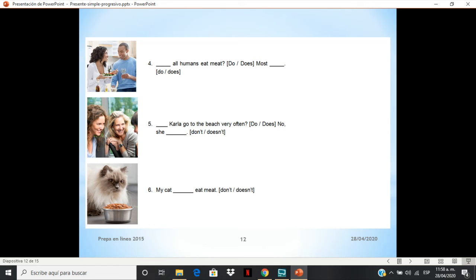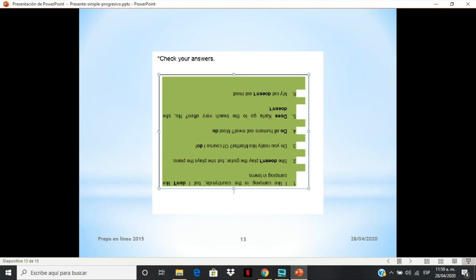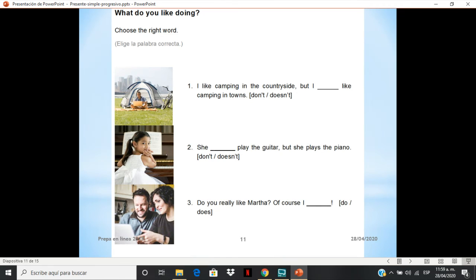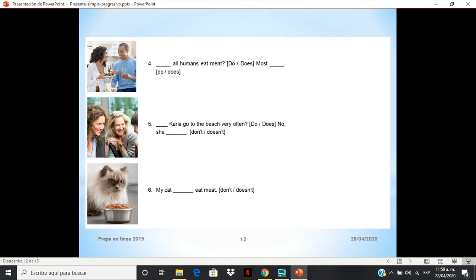Okay, so as you can see in these examples, when you refer to actions that are common for you or are everyday actions or you are expressing likes and dislikes, in this case you don't use present continuous. Yes, we use present simple. Okay, when you are ready, when you finish these exercises, right, you can check here.